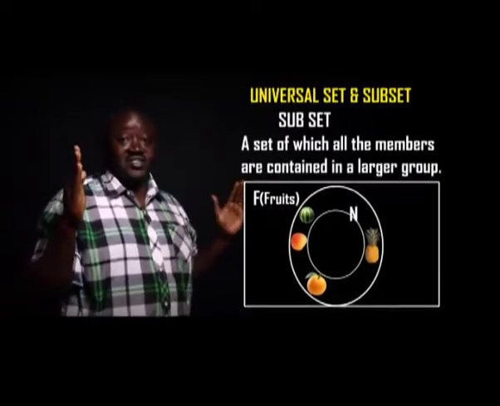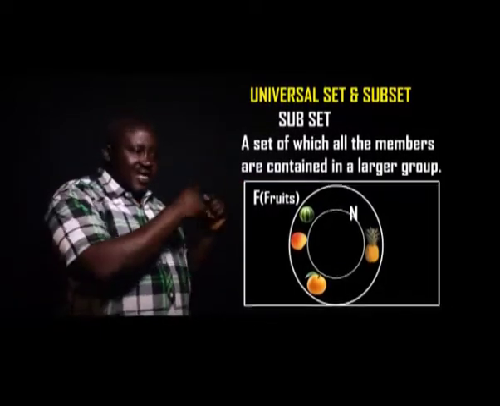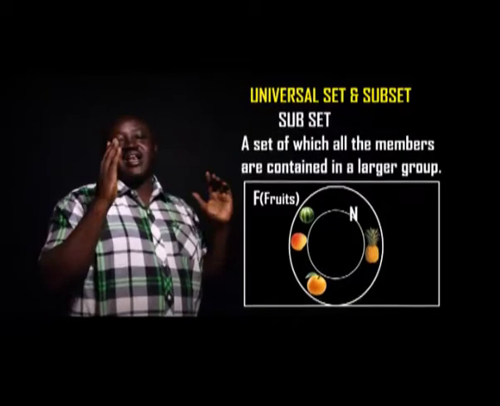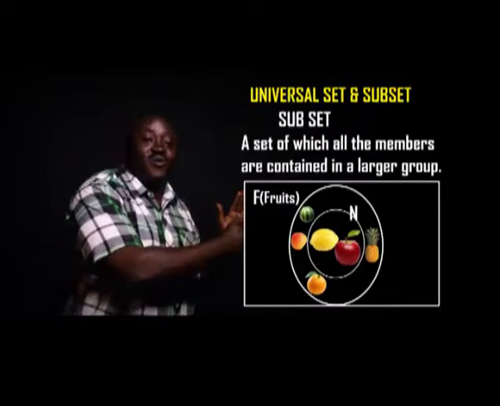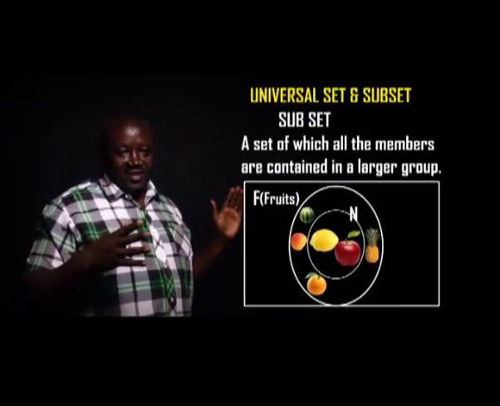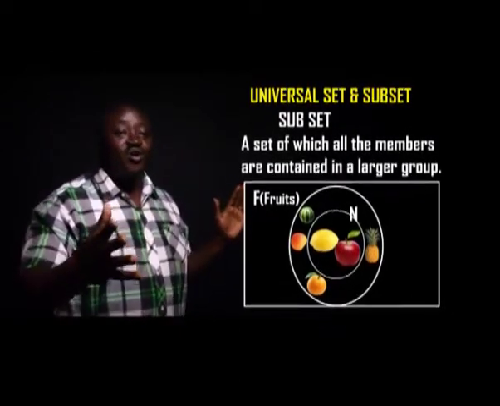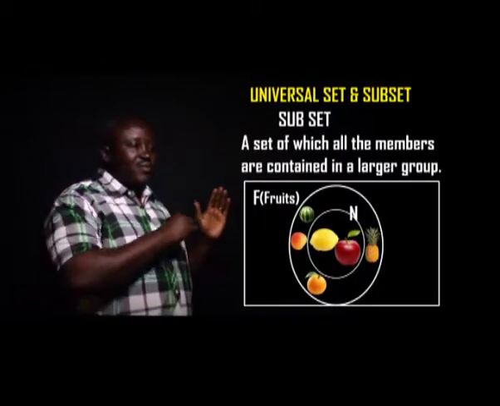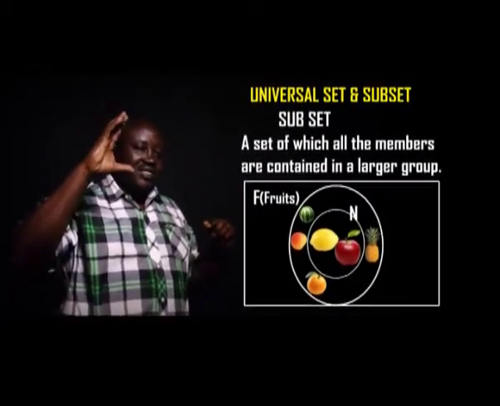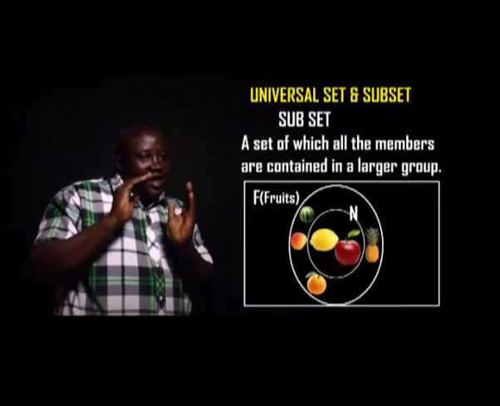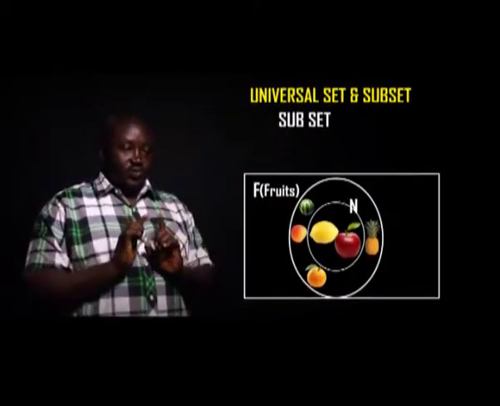All those are fruits. In the inside one, you can have lemon and apple. Remember, a subset is a smaller one out of the larger group.